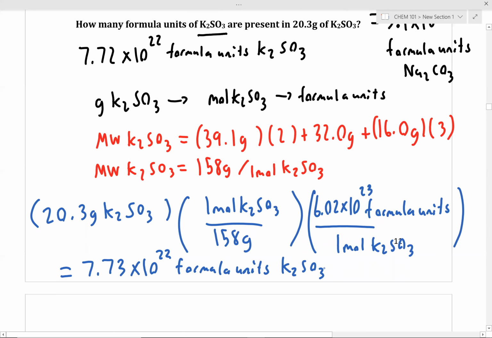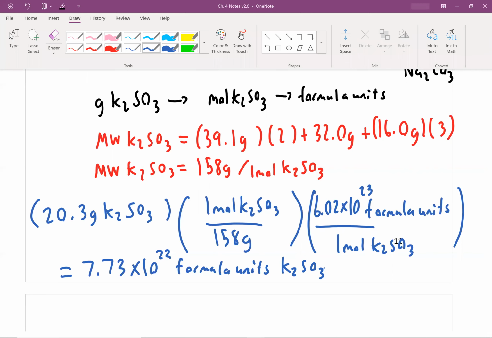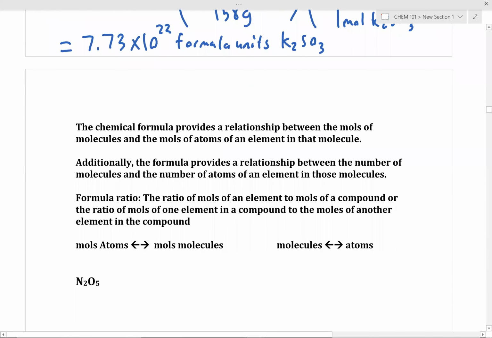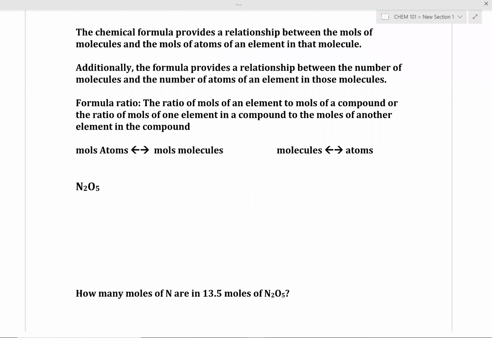Any questions on these calculations involving two-step conversions from grams to particles? Okay, if we don't have any other questions, let's now move on to something interesting here. So the chemical formula is really a powerful tool that provides a relationship between the moles of a molecule and the moles of atoms of an element in that molecule.